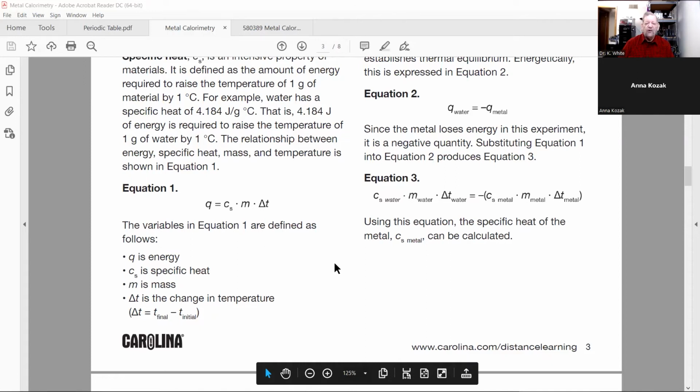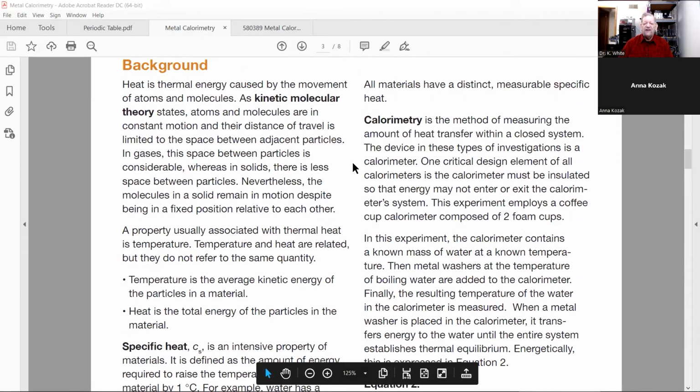All right, so we have this, and what we're going to do is use calorimetry. It's a way of measuring the amount of heat transfer in a closed system. Now, calorimeters are insulated closed systems that you can put two things together in to measure heat transfer.